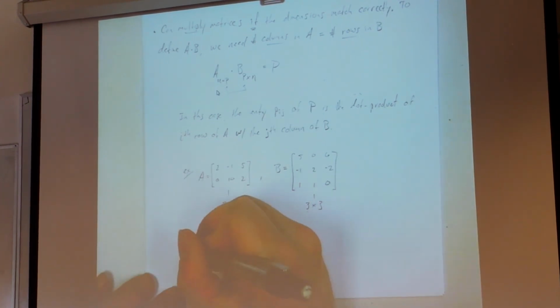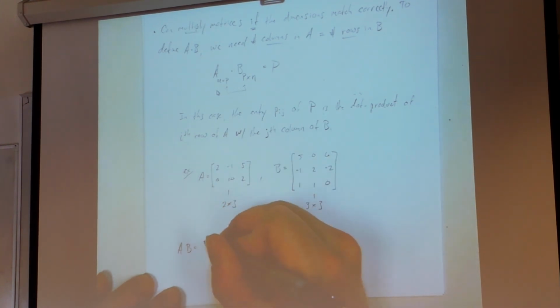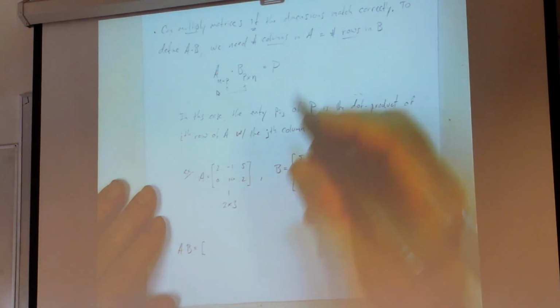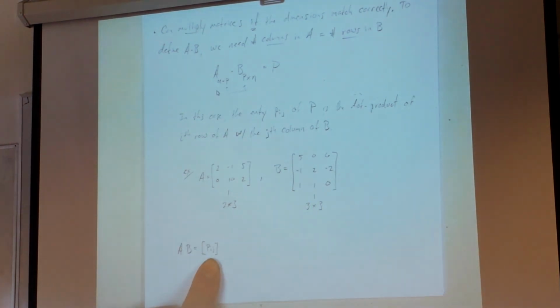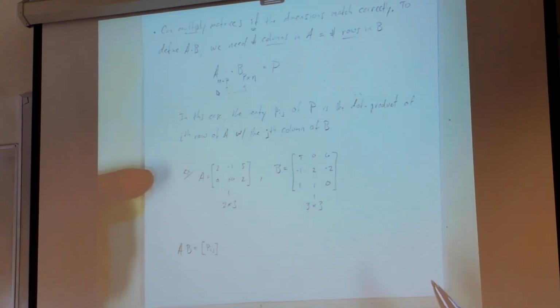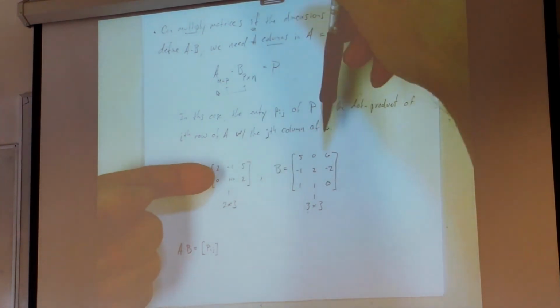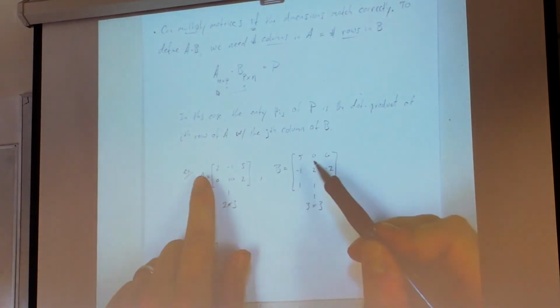So, A times B. The way I define the product is a matrix of entries of the form Pij, where each entry Pij is the dot product of the ith row of A with the jth column of B. Okay, so it goes this way.